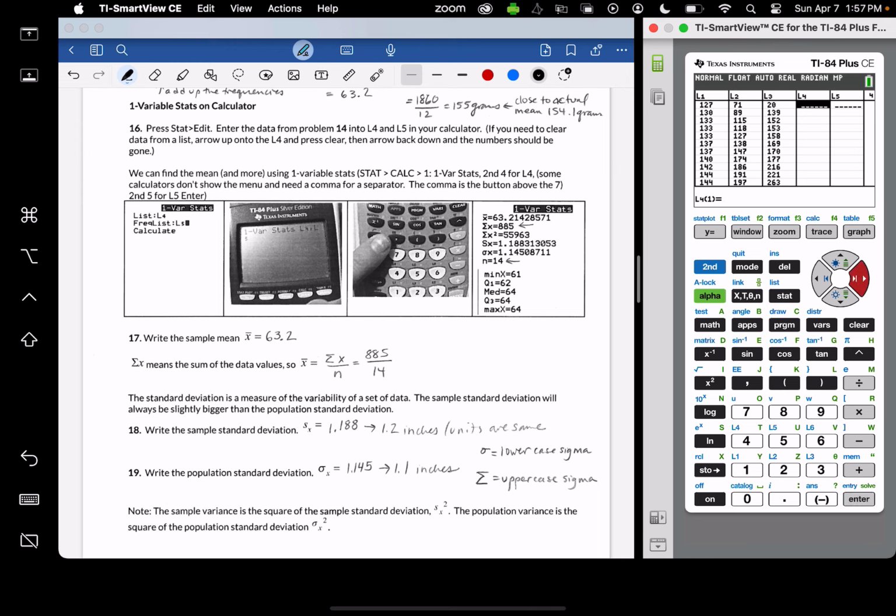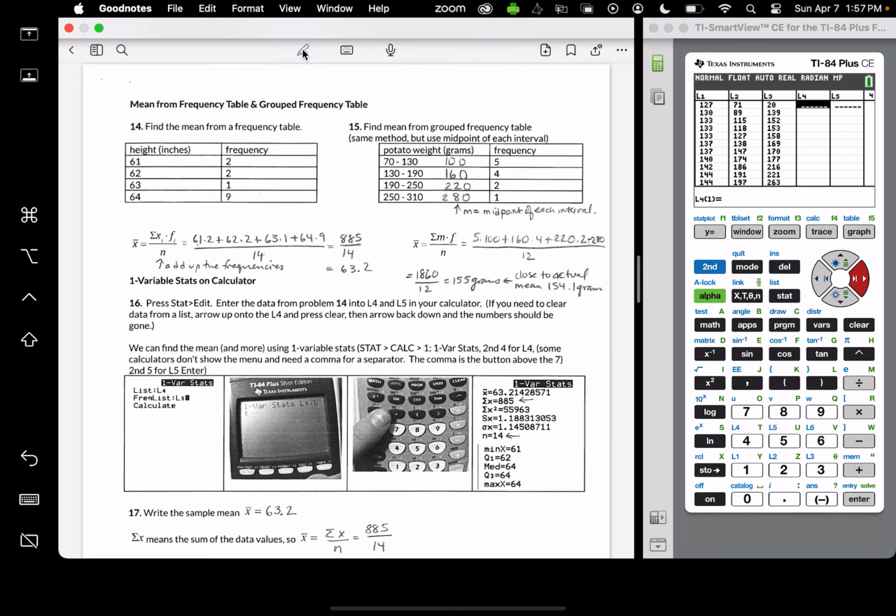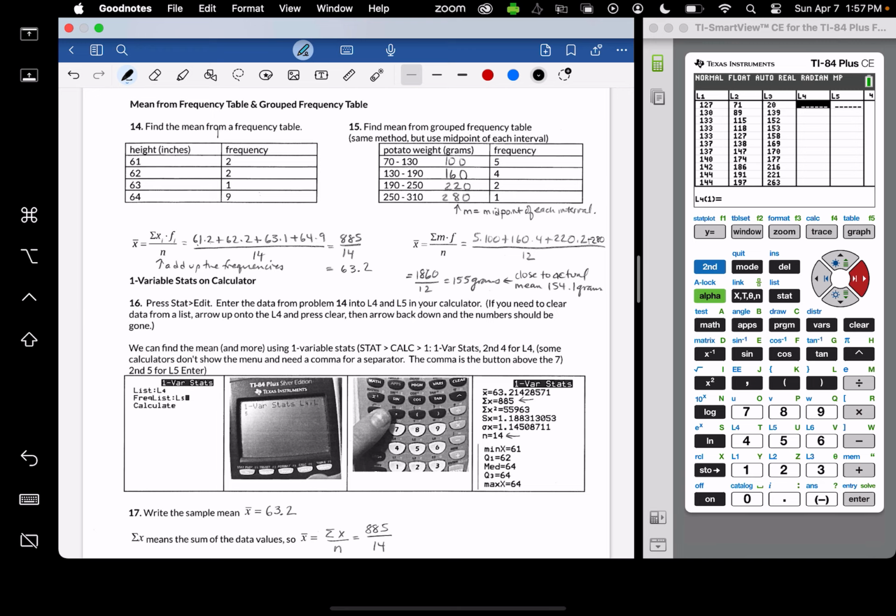So I arrow over, and then I'm going to get that data from up here. And I'm going to put this data, these 4 numbers, into L4. There's the L4, and here's where the L5 data is.